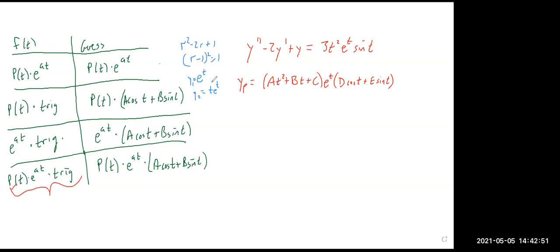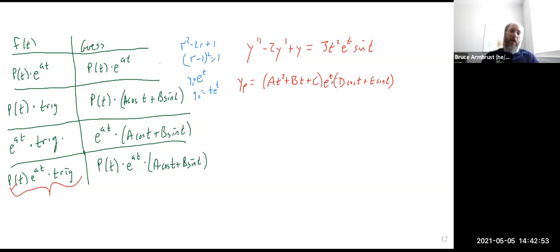Okay, so it turns out that these actually are not part of it. I know it looks like it because you go, oh, there's our e to the t, there's our t e to the t, but they're also being multiplied by cosine and sine. So the actual pieces of this, if you were to distribute it all out, there's never just an e to the t. There's an e to the t cosine of t and an e to the t sine t.